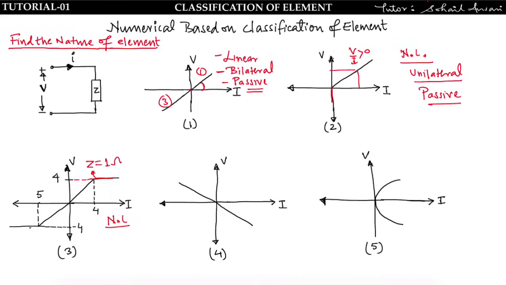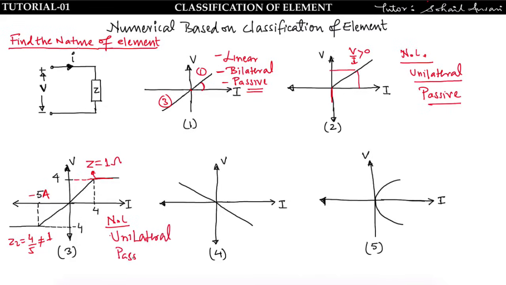At v is equal to -4 I am getting I is equal to -5 ampere, so Z2 is equal to 4 by 5, which is not equal to 1, that means this is not bilateral, this is unilateral. Active and passive? Of course passive.